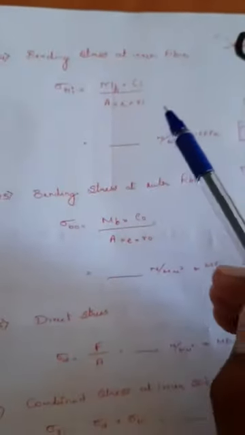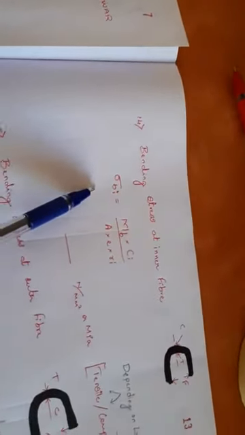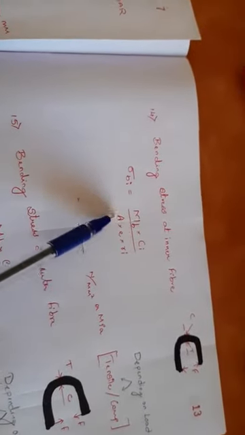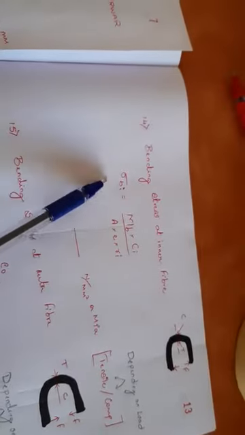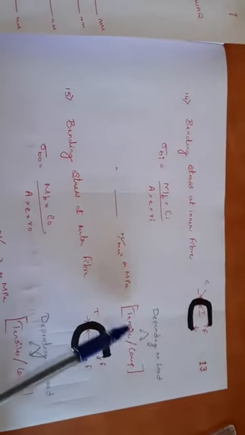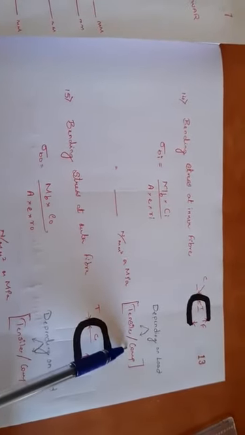So next comes the bending stress at the inner fiber, sigma BI, which is MB, CI over AE, Ri. Substituting, we get sigma BI. Depending on the force, it is tensile or compressive.